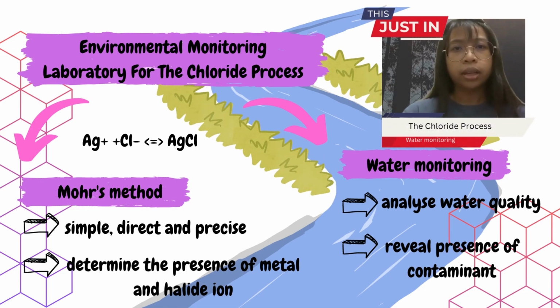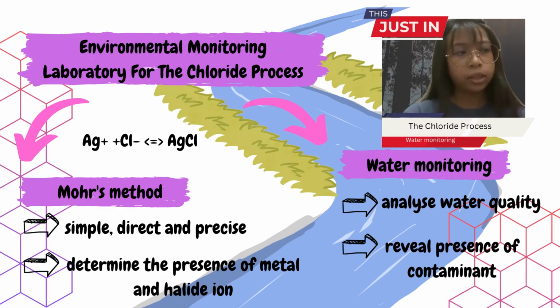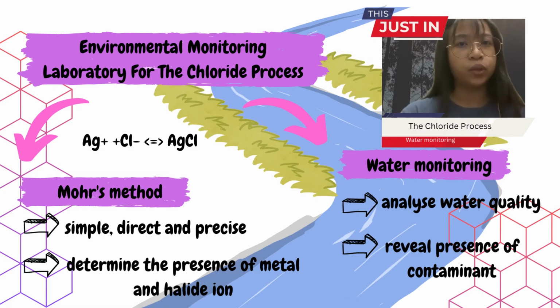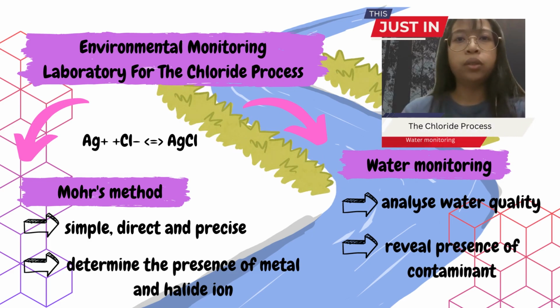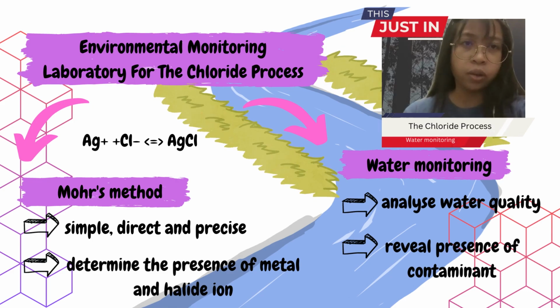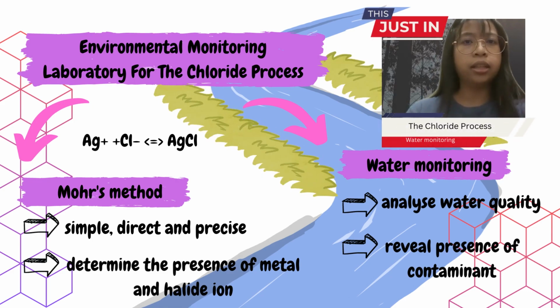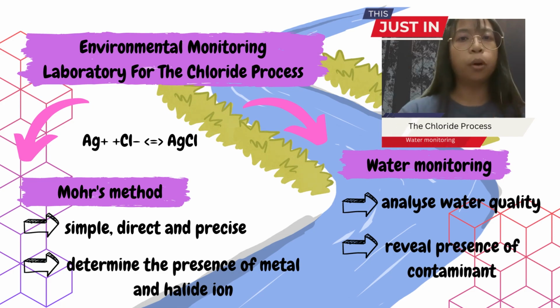It also uses potassium chromate as an indicator. This method is usually used to determine chloride ion. Due to its simple and direct method, it is easy to obtain the chloride ion concentration by using titration with silver nitrate solution. That's all for me today.